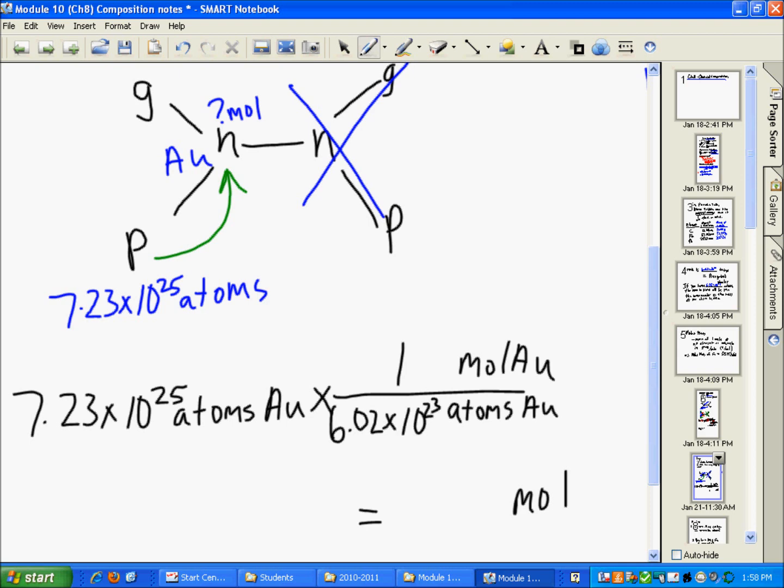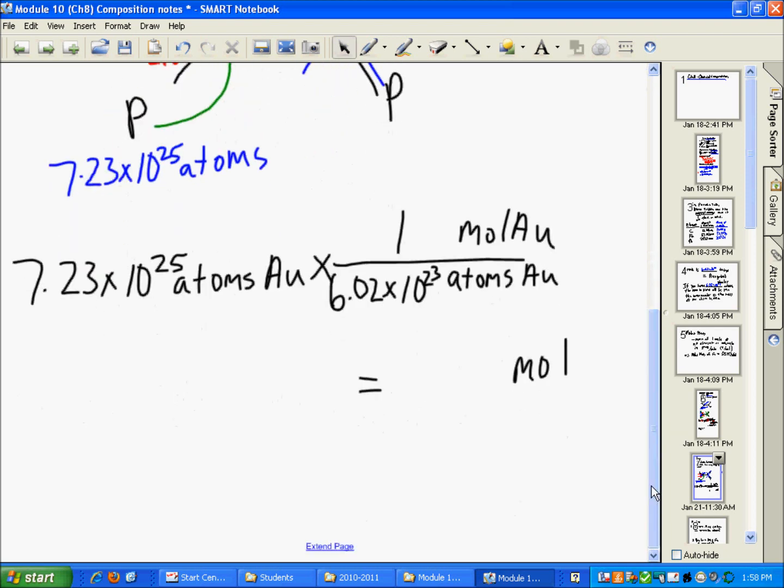So remember, whenever you're going between N and P, you need 6.02 times 10 to the 23. If you were going between G and N, that's when you need the molar mass. So here's your calculation. 7.23 EE 25 divided by 6.02 EE 23.